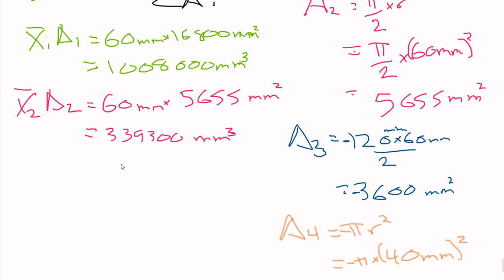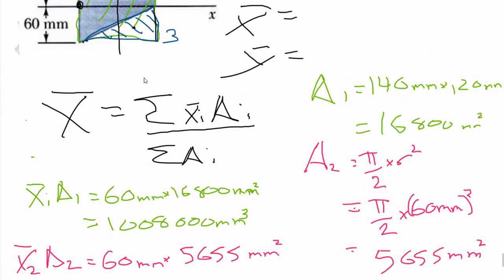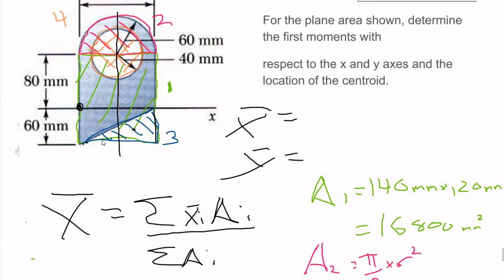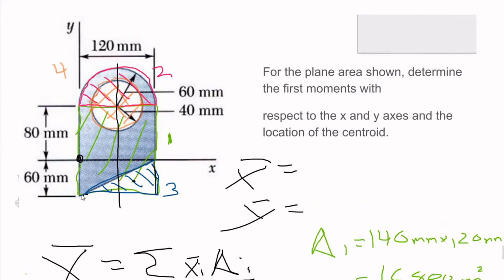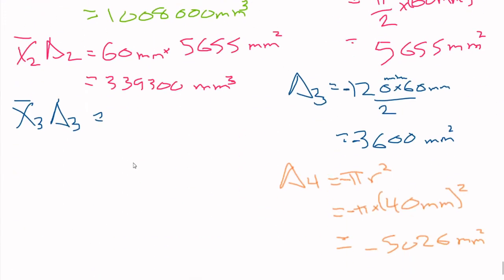For our third one, x bar 3 A3, that's the one that's going to have a different centroid. Again, 2/3 of the way from this tip is going to be 80 millimeters instead of the 60 millimeters for the rest of them.